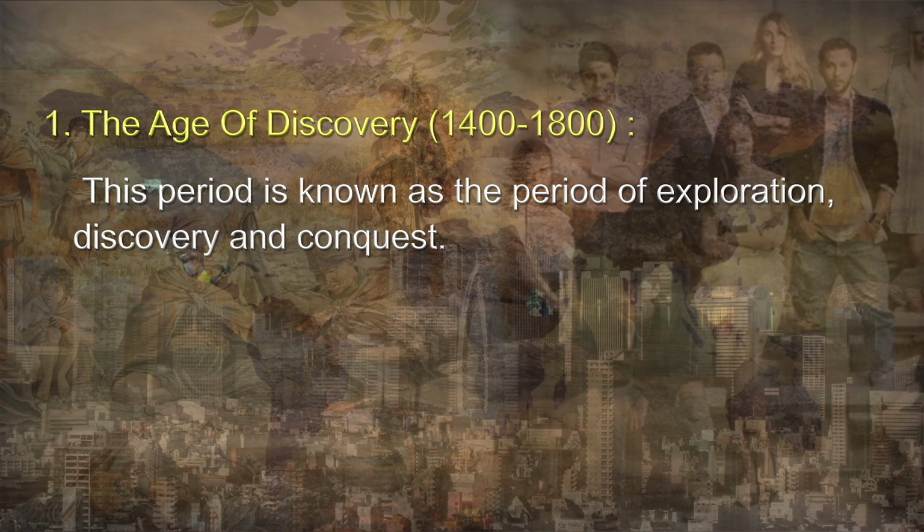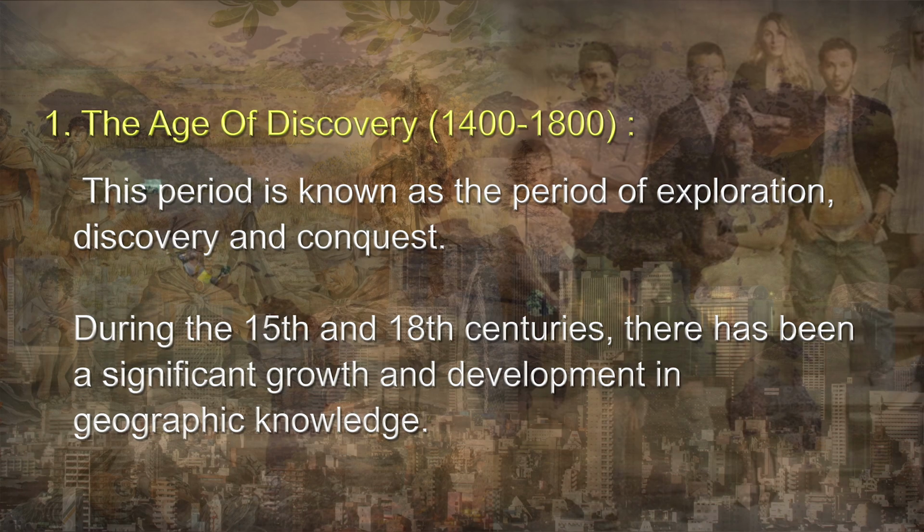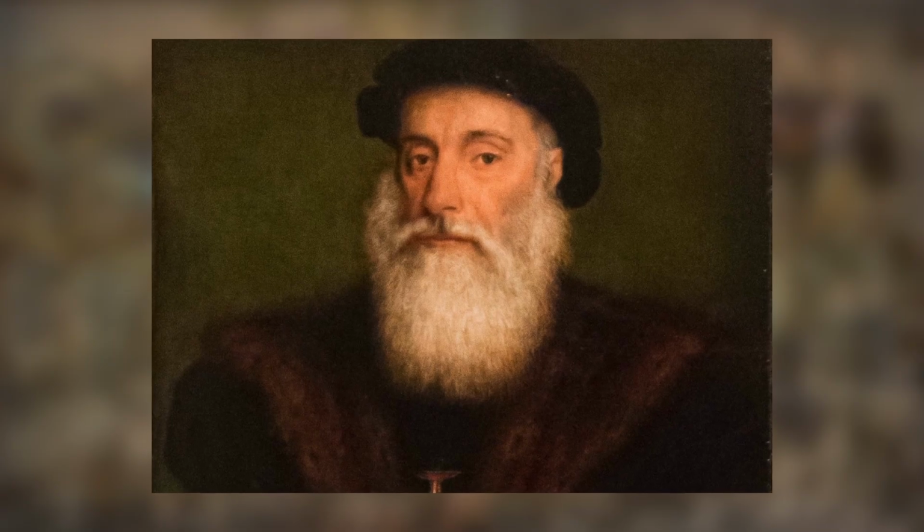This period is known as the period of exploration, discovery and conquest. During the 15th and 18th centuries, there was significant growth and development in geographic knowledge. For example, the voyages of Vasco da Gama and Christopher Columbus in 1492.